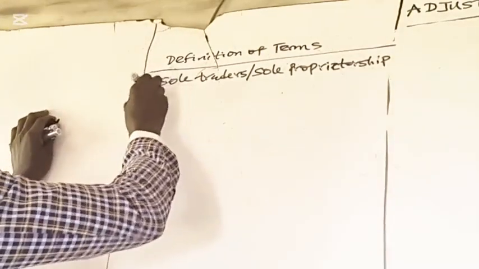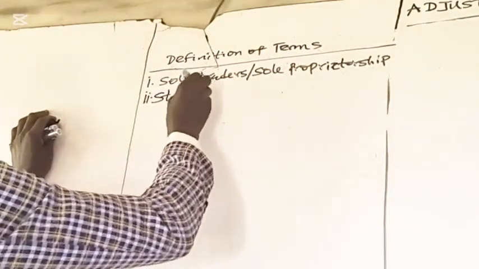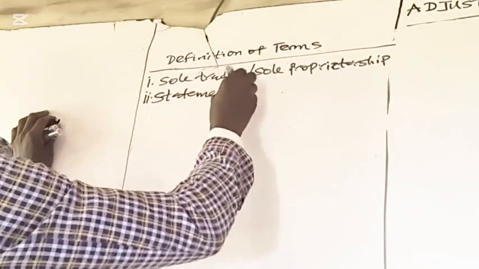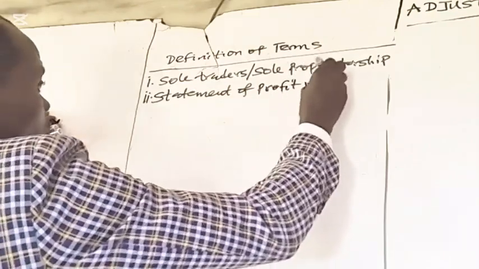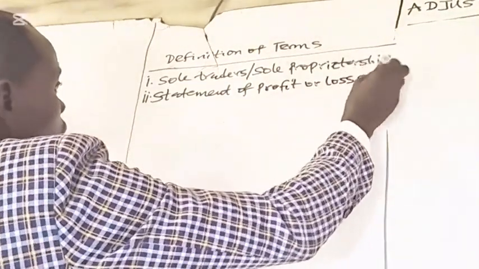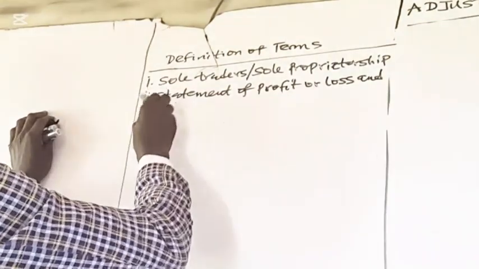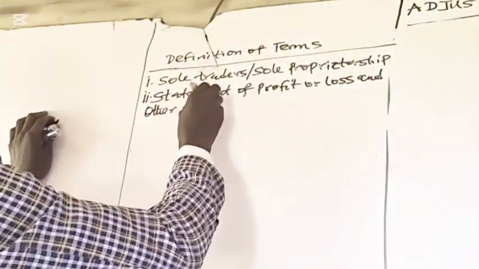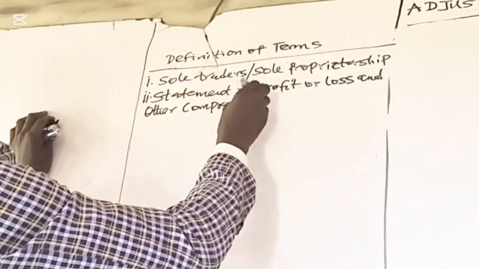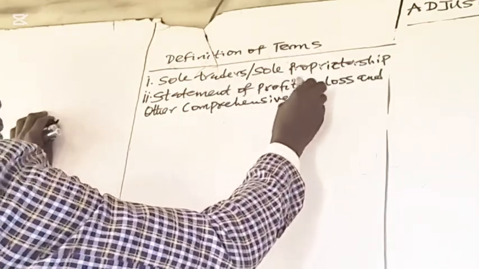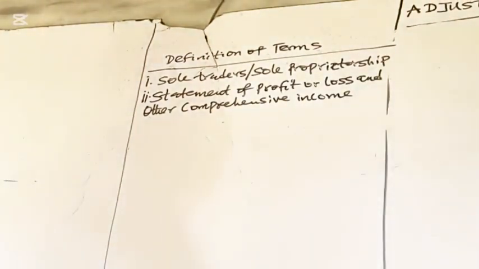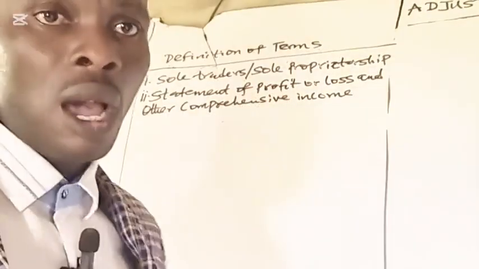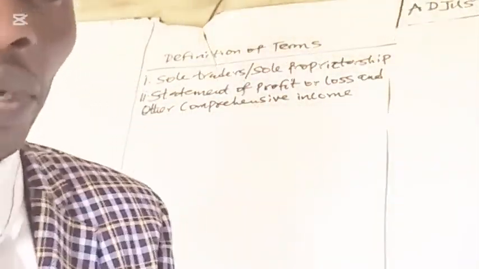So, number one is statement of profit or loss and other comprehensive income. This is the statement that shows the profit earned or losses incurred in the period.